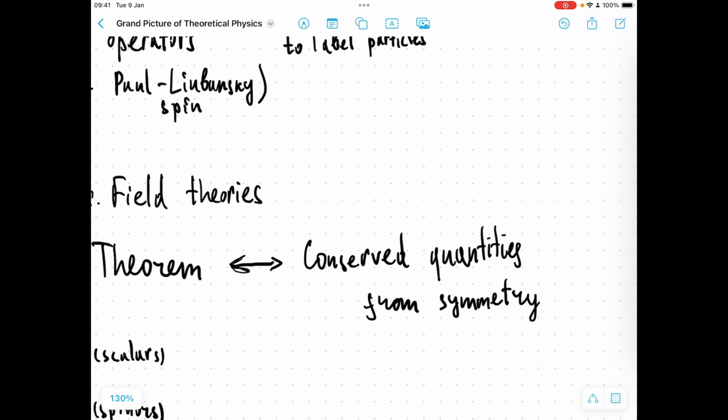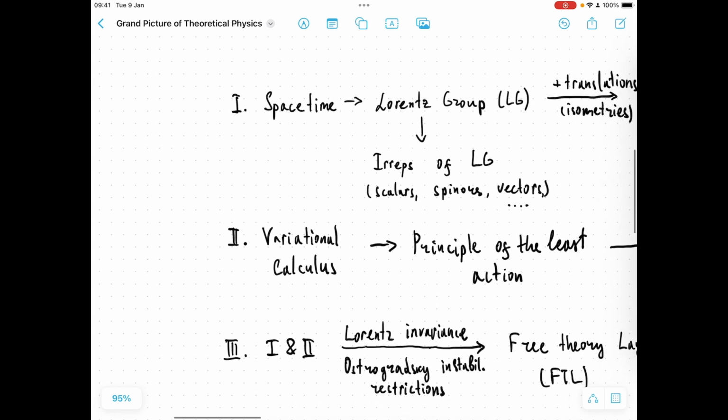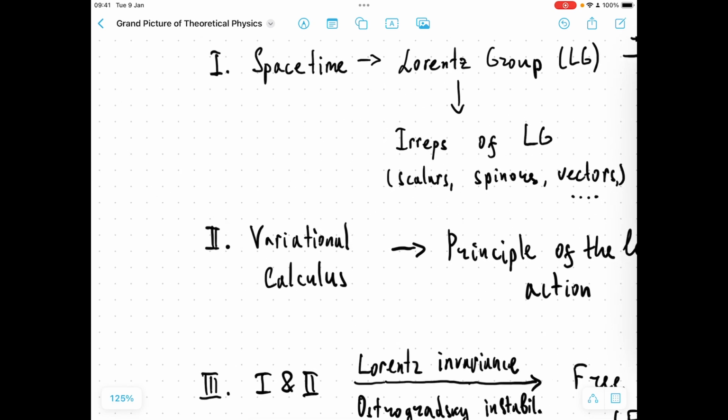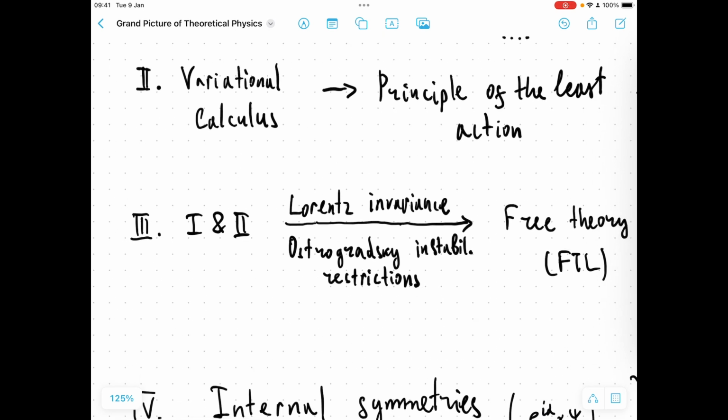Starting from these two big themes, spacetime and its symmetries, and variational calculus with conserved quantities and Lagrangians, by combining them we can come up with the correct Lagrangians for the free theory.